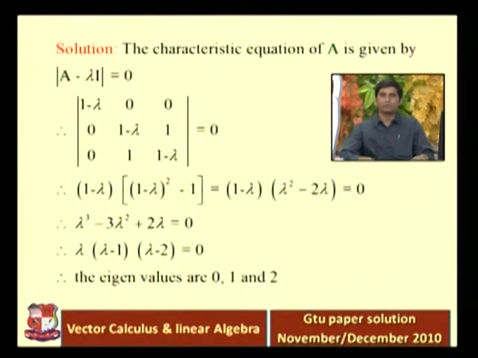So the values of lambda are 0, 1 and 2. So the eigenvalues are 0, 1 and 2. Now corresponding to all the eigenvalues we want to find the eigenvector: first corresponding to 0, then to 1, and then to 2.